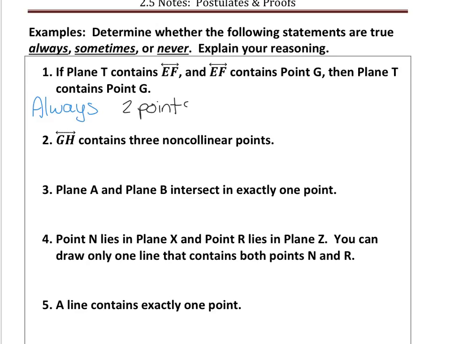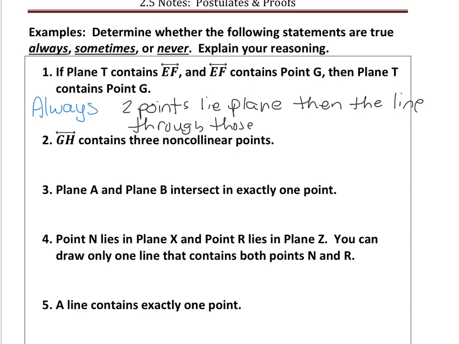So if 2 points lie on a plane, then the line through those points lies on the plane. I know this is a slightly different spin on it, because we've got this single point G here, but if that point G is on that line and that line is on the plane, then everything on that line is on the plane.